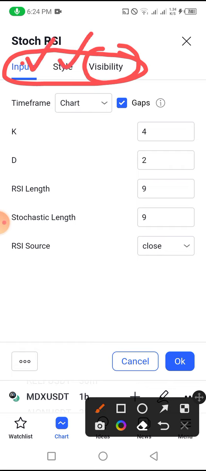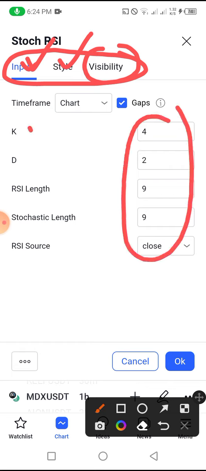Now, what adjustment do you make on the input? Unfortunately, I have already set mine up. You see, my K is at 4, my D is at 2, my RSI length is at 9, and the same applies to the stochastic length. But let's assume that it was not set the way it is.